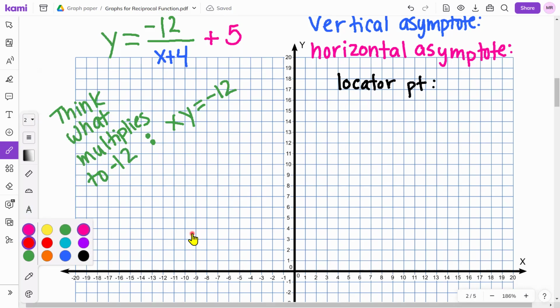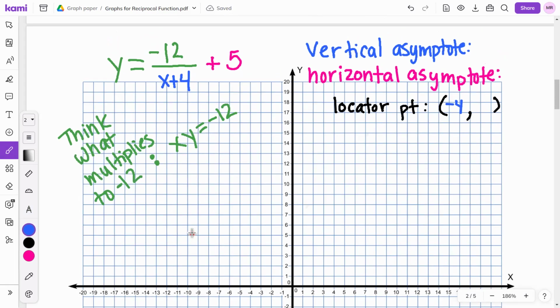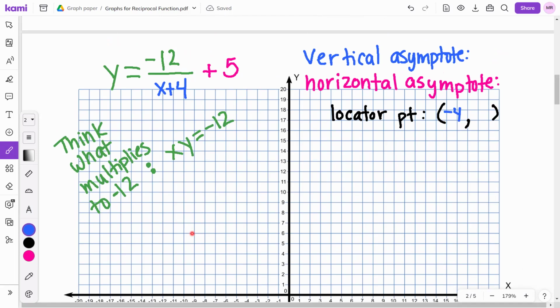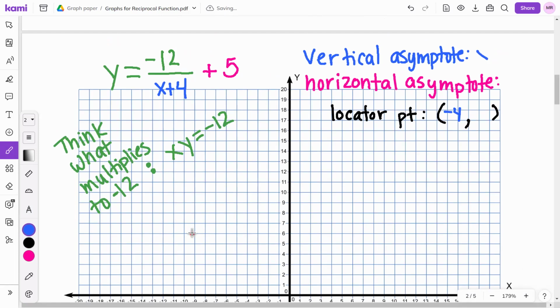So I am going to have a locator point of -4 for my x. That's going to be my x-coordinate, which means that is going to be my vertical asymptote at x equals -4. And then my 5 is going to be my y-coordinate of my locator point.